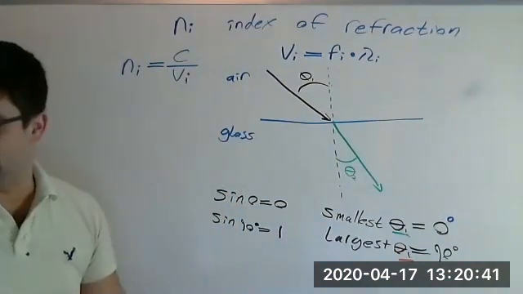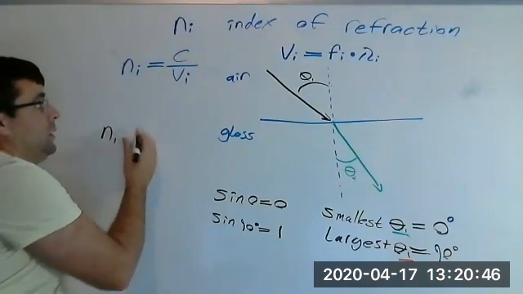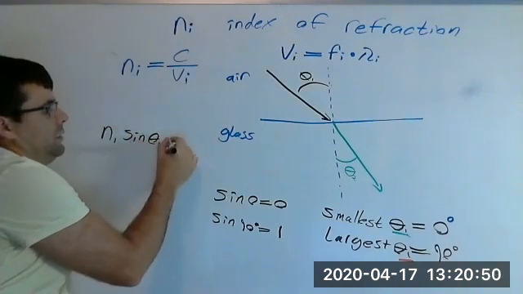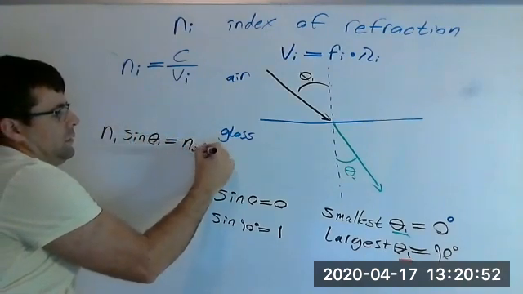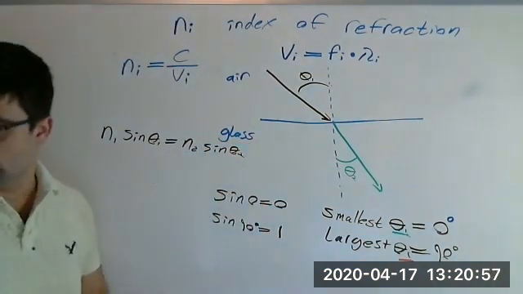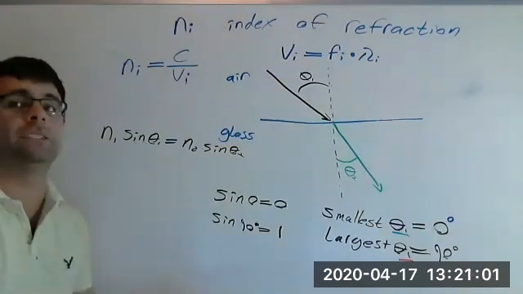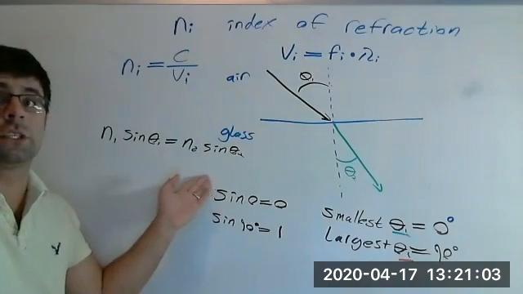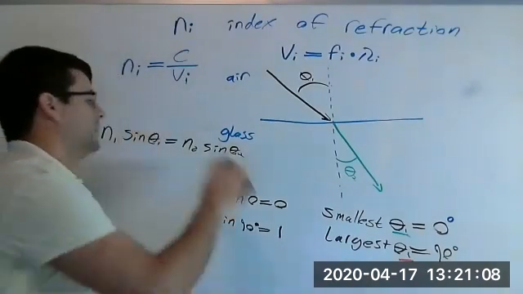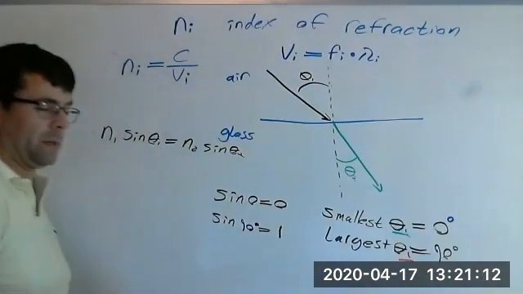So the idea is if you are going from, let's say, from air to glass, it's not the exact value, but I'm just going to say it is to make the math simpler.